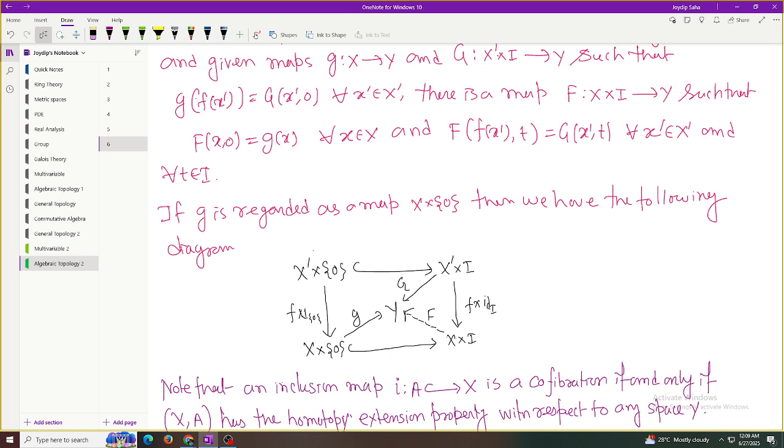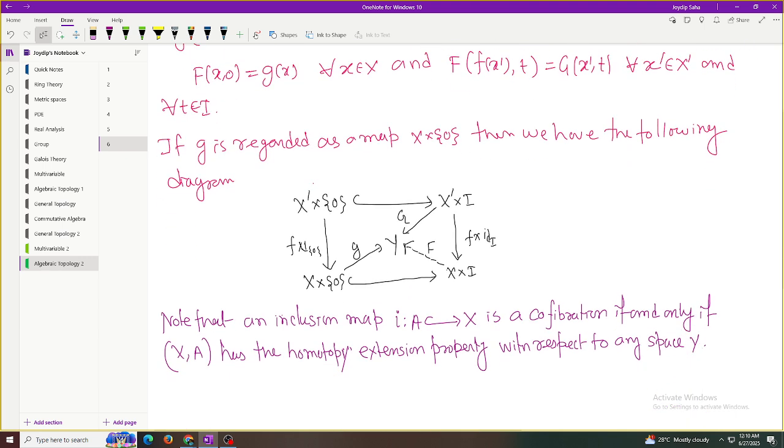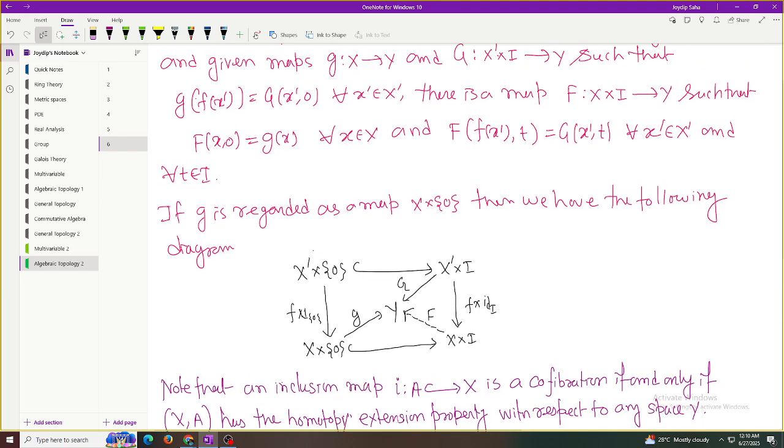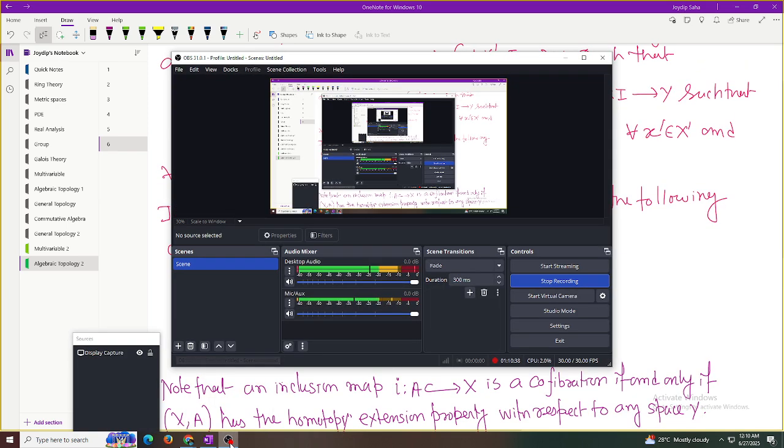Why the name cofibration? If you ask these questions I don't know. I mean, is it some sort of a fiber product, a co-fiber product? I'll see later.